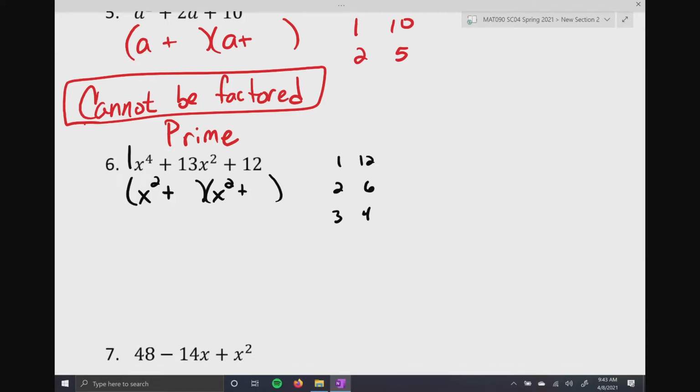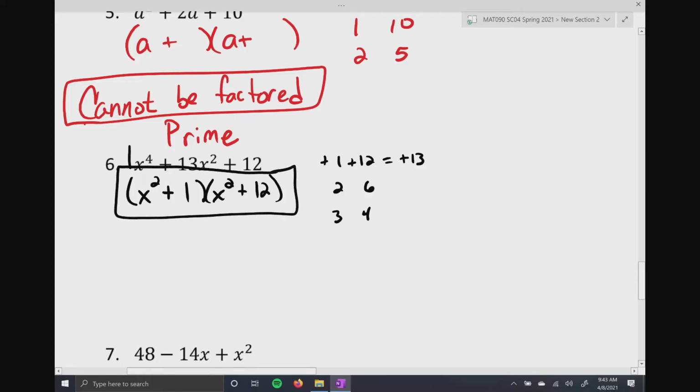I know both numbers are going to be positive. Plus 1 plus 12 is plus 13. So, x squared plus 1 and x squared plus 12. And we've just factored this. So, although it looked a little confusing, it actually worked out perfectly for us.